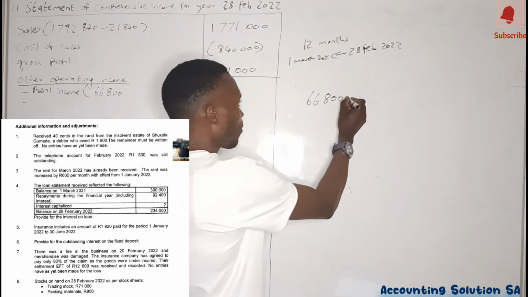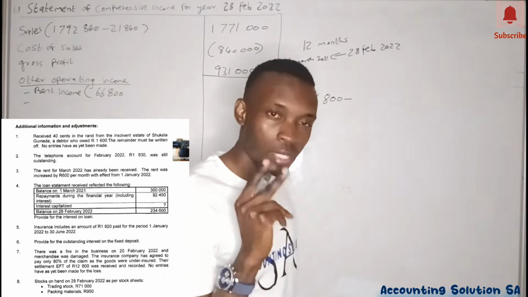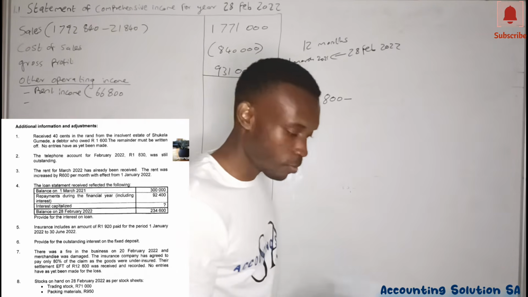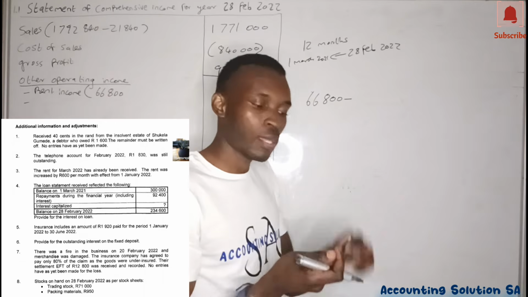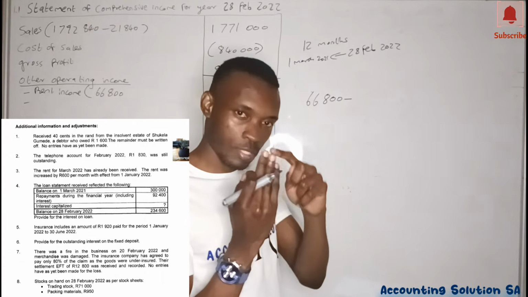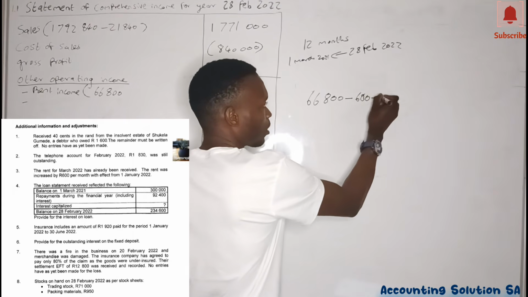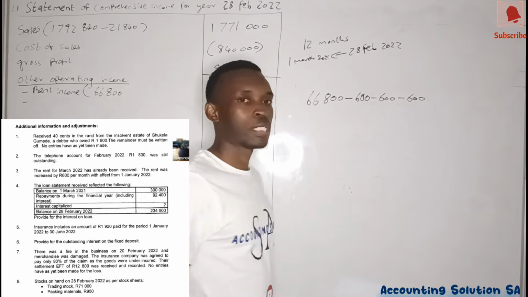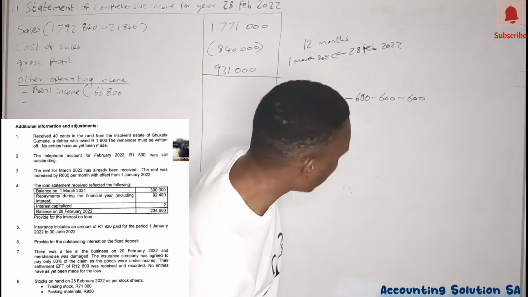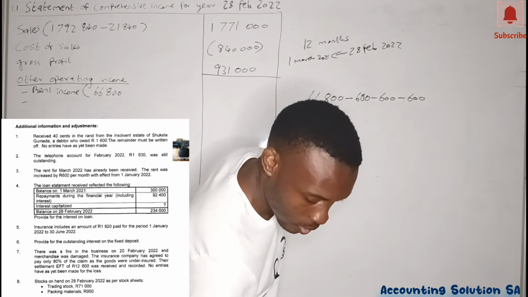How much are we going to subtract first? Remember they said they increased 600 per month. That means 600 for January, for February, and for March, so it's for 3 months. We're going to subtract 600 for January, 600 for February, and 600 for March. Let's calculate: minus 600, minus 600, minus 600.